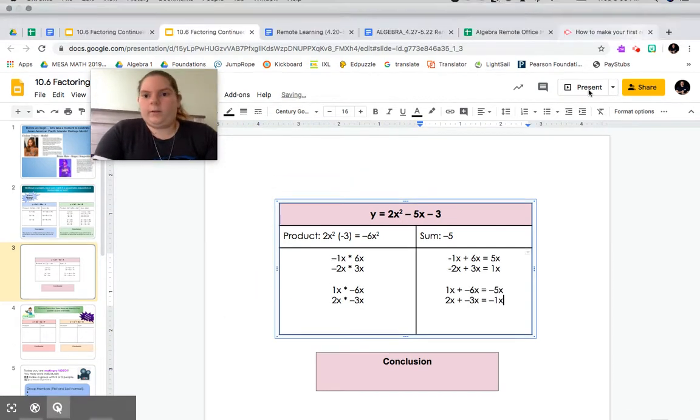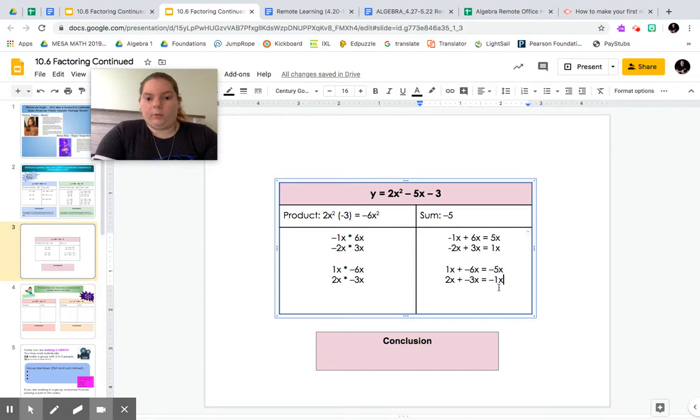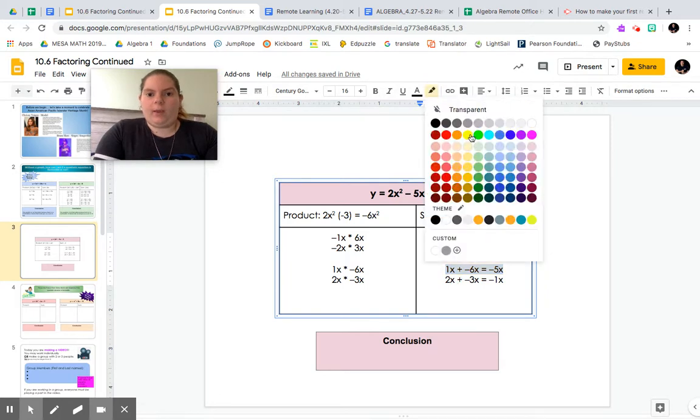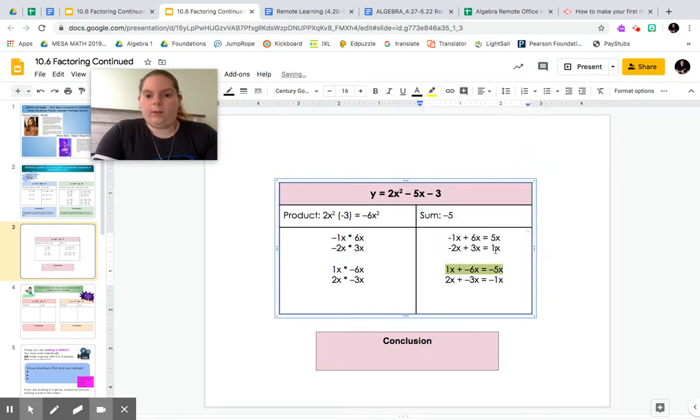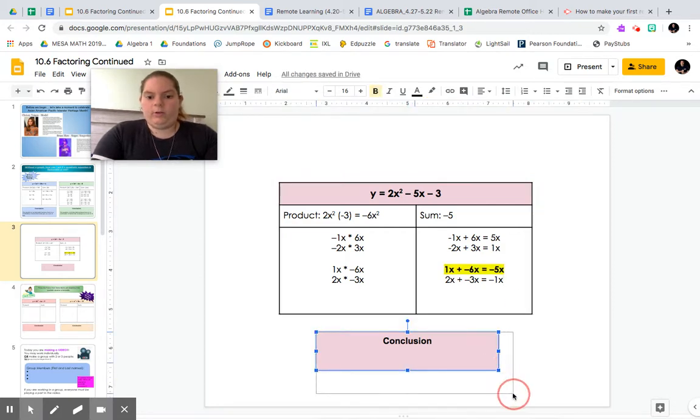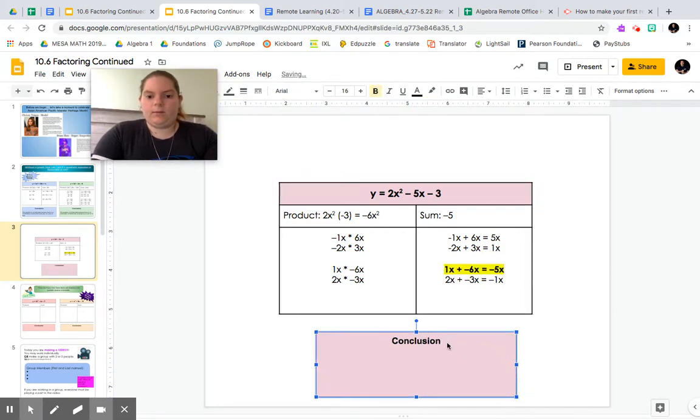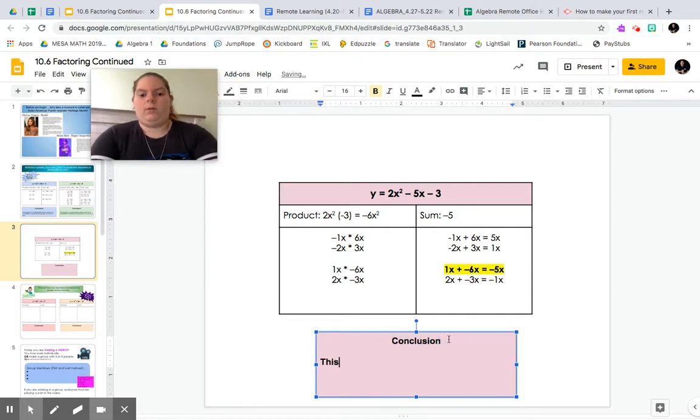Alrighty, guys, this looks awesome. This one looks like I actually have a magic combination. It would be right here. Highlight it nice and bright and yellow for you. So in conclusion, this equation is factorable.